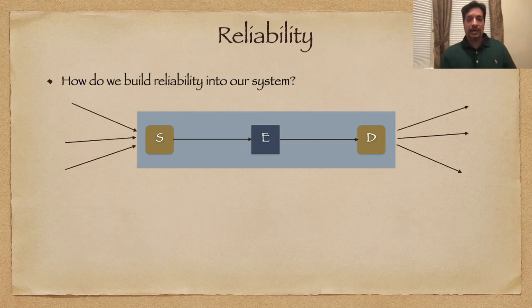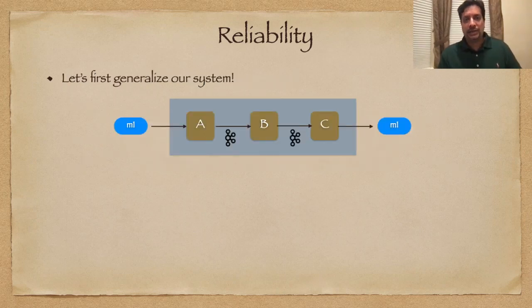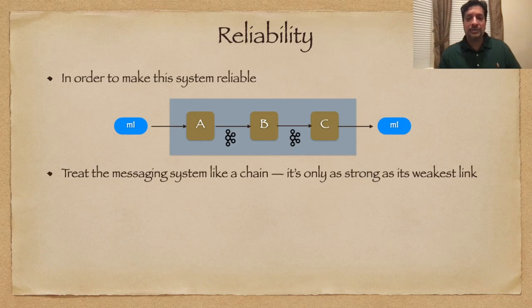How do we build reliability into our system? Let's first generalize our system. Instead of just S and D, let's say that we have 3 processes, A, B, and C, all of which are connected linearly with Kafka topics. In order to make this system reliable, let's treat this linear topology as a chain.